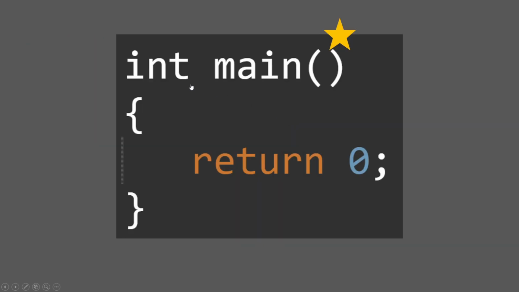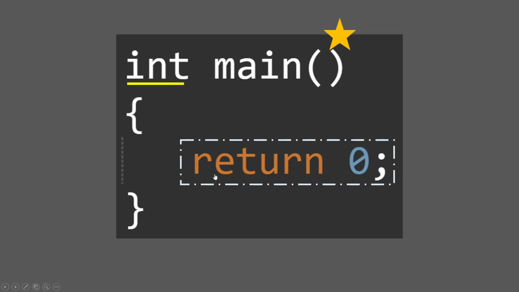In our example, the return type of this function is int, which indicates that after execution all statements return some integer value. As you can see in the last line where we simply write return 0 and a semicolon, it simply means that if our function executes successfully, it will return 0 and exit from the function. Otherwise, if something goes wrong, it will return some other integer rather than 0.